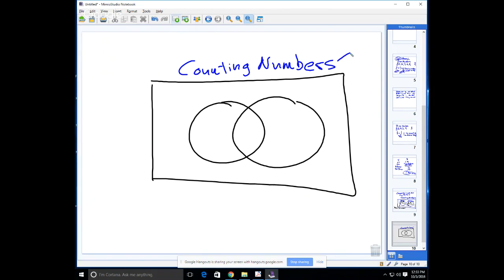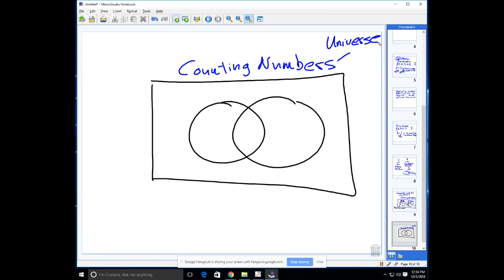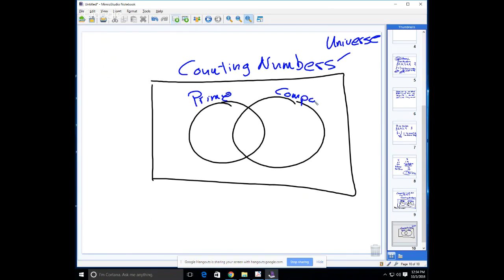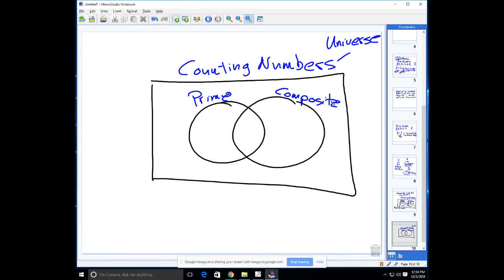So that's my universe here. Sometimes you'll just see the letter U for universe. And then this set over here, like before, let's let the one on the left be the primes. And then the set on the right be the composites. And then some other things to consider. I could be looking for numbers that are prime or composite.